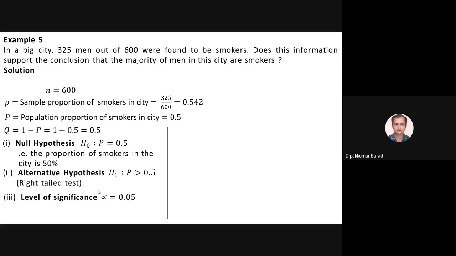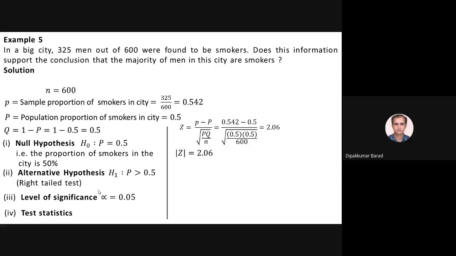Now, the level of significance was not given, so by default we consider 5%, so 0.05. For the test statistic, again z equals (small p minus capital P) upon the square root of capital PQ by n. After calculating, we get 2.06, so mod z is equal to 2.06.